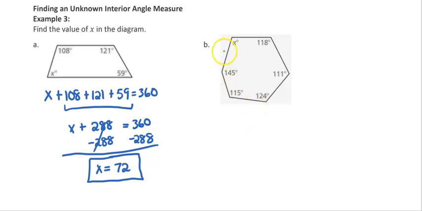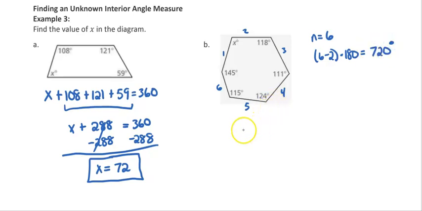All right, if you look at this shape, think about how many sides it has. So it has 6 sides. I don't necessarily know what a 6-sided figure is in terms of how many degrees it has. So if I use that formula, 6 minus 2 times 180, that's going to be 4 times 180, which is 720 degrees. That's not what one angle equals, but that's what all the angles added together equal.